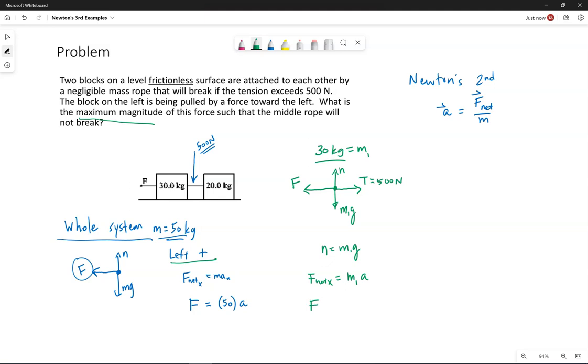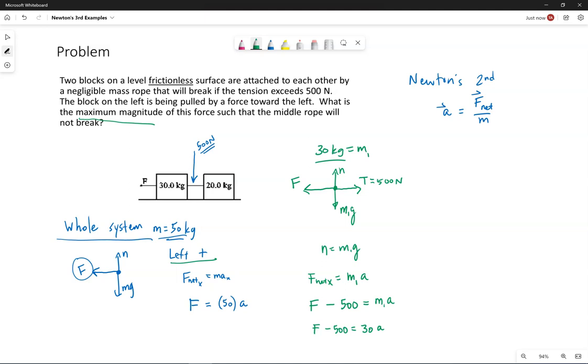I can now say the net force will be the pulling force to the left minus the 500 newtons to the right, that tension. So that represents the net force. So that has to equal this mass times its acceleration. So F minus 500 is equal to 30 times a.